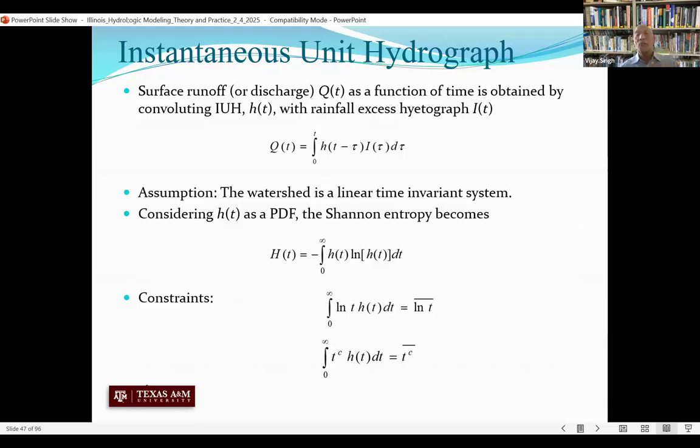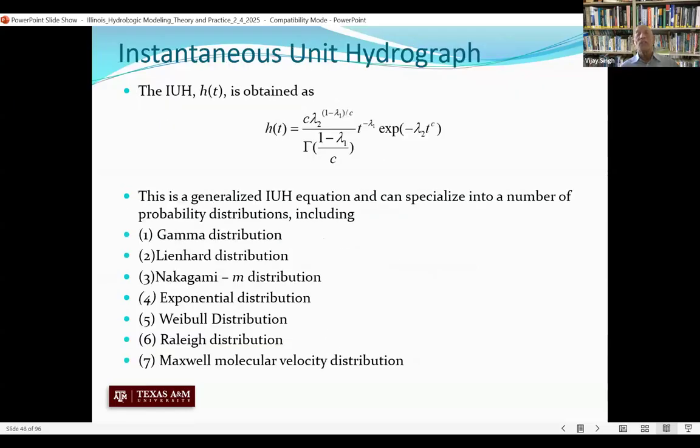Suppose that your constraint is the geometric mean and the power mean. The geometric mean is nothing but the integration of the log of time of travel multiplied with the IUH, where the instantaneous unit hydrograph is analogous to the probability density function.